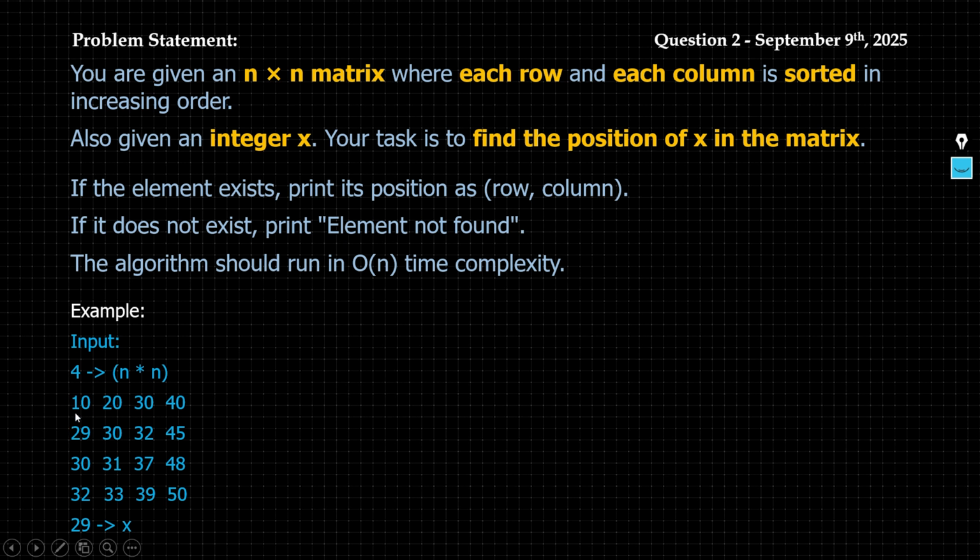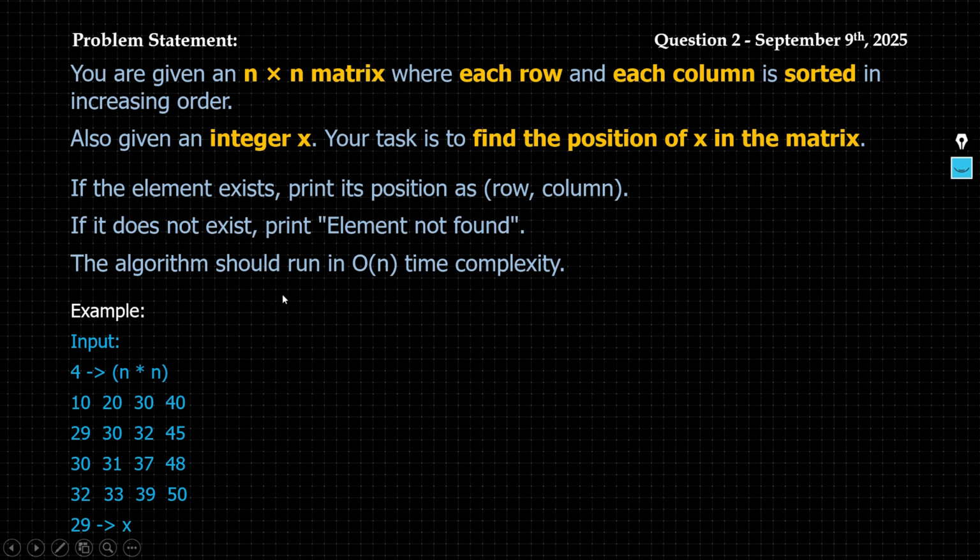If we traverse all the elements, the time complexity would be n cross n. We have to solve this problem in such a way that we have only O of n time complexity. So only one statement makes this problem a little more complex than the easiest version.